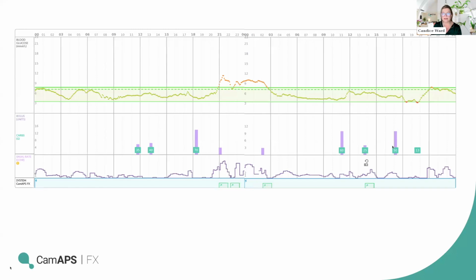So this example on this day is giving us a better indication that probably that insulin to carbohydrate ratio might be a little bit on the strong side, and we need to take that down. And then the 13 grams of hypo treatment that she's used is probably a little bit on the greater side, and maybe 10 grams, so she didn't bounce up to the top of the target.